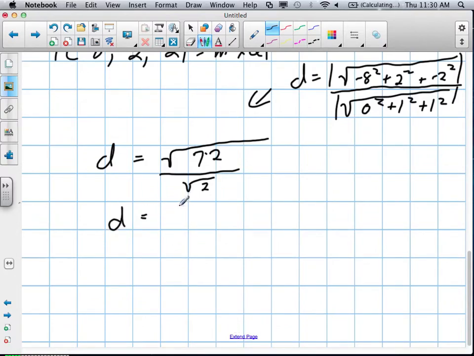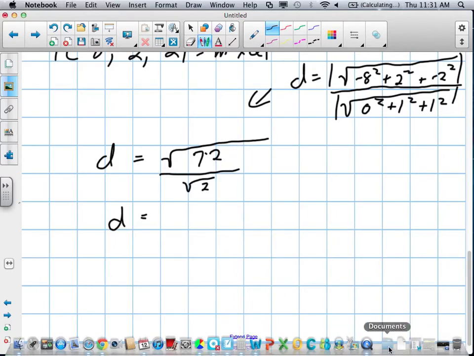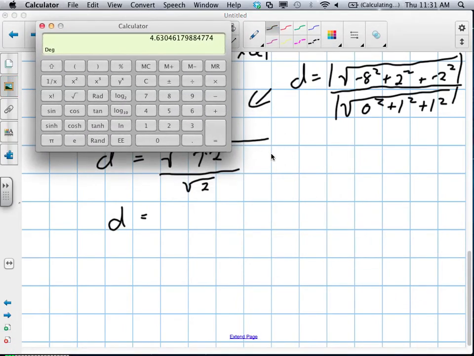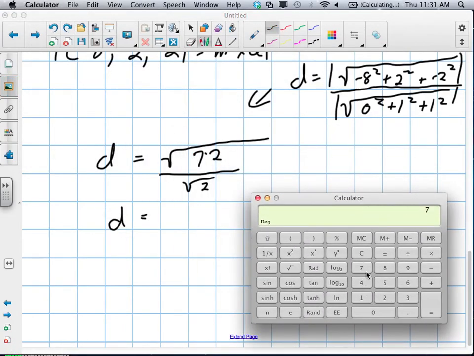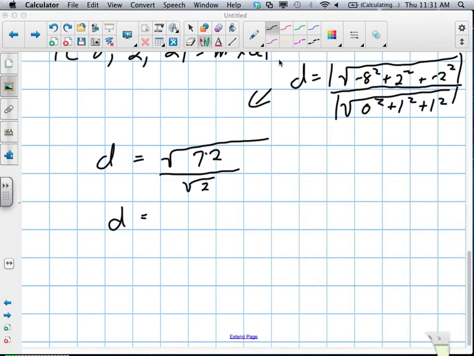So our distance here, oh, they've broken it all up. They've broken our root 72 into 6 root 2. Essentially, you can just put this straight into your calculator because we are just looking for a multiple. I didn't say I wanted it in radical form. So let's say we just had root 72 divided by the root of 2, 6. So our value ends up being 6.